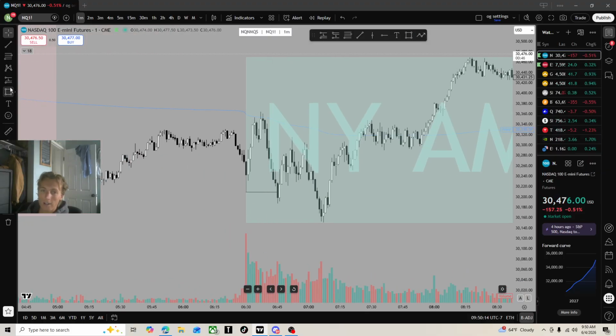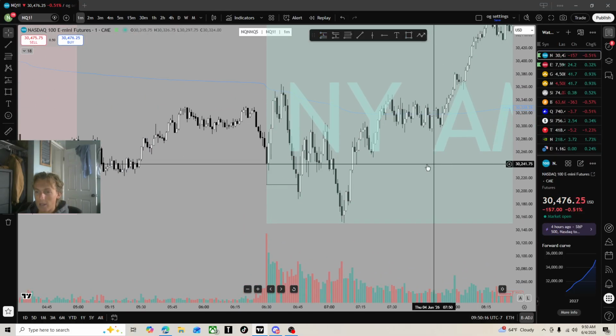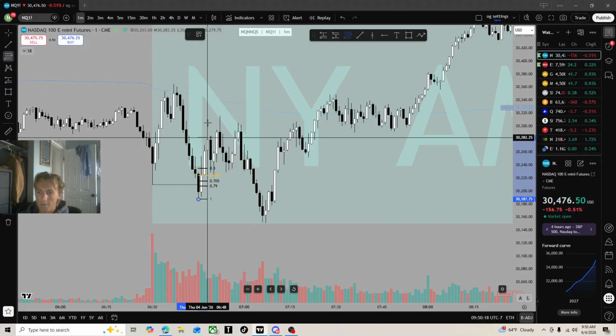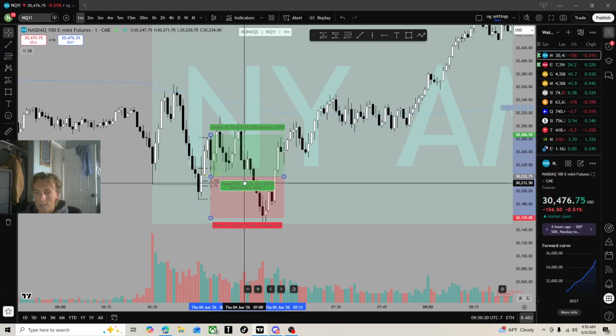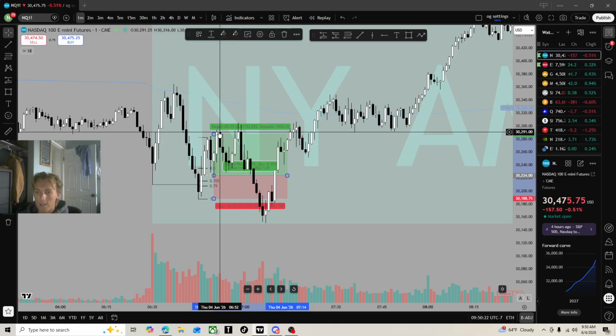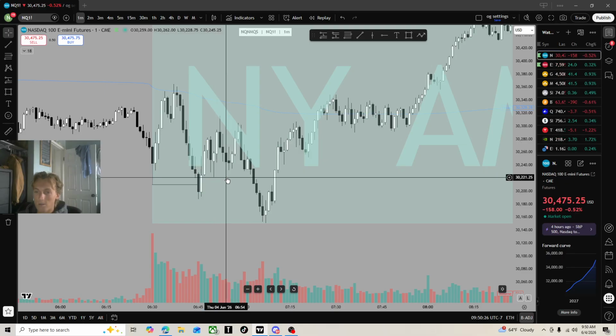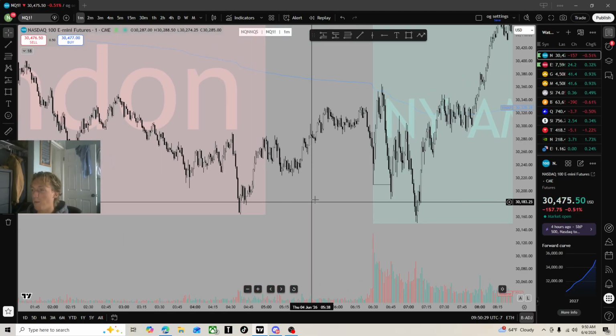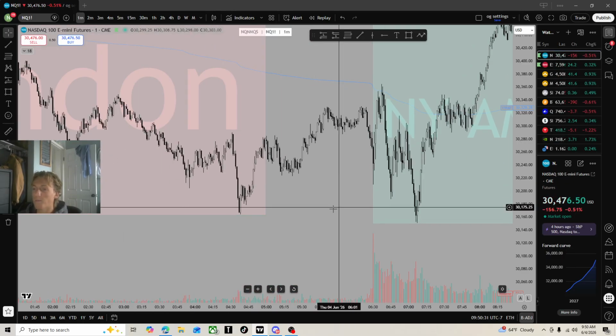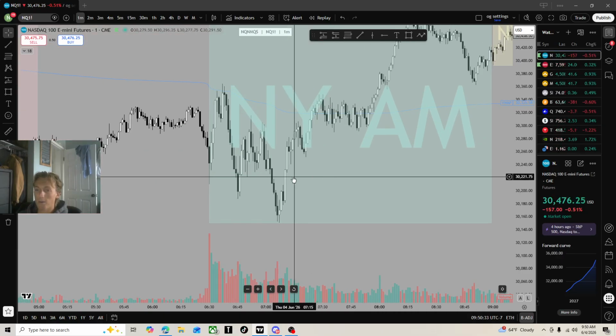So say you tried to take this long after we got the OTE, you would have just got fried. You could have obviously taken it and then like this, but you would have lost. That's because you had a session low right below. You had all these stop losses right below. That's the whole point behind a stop raid.